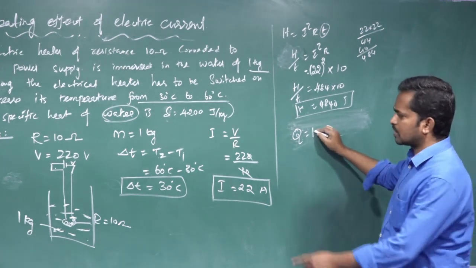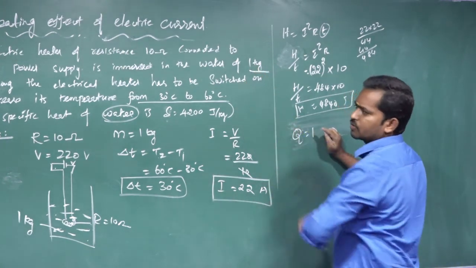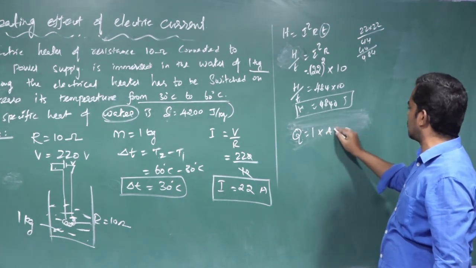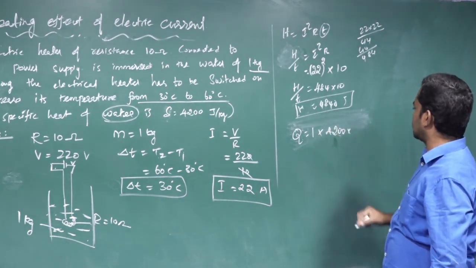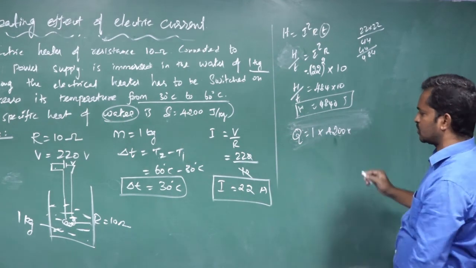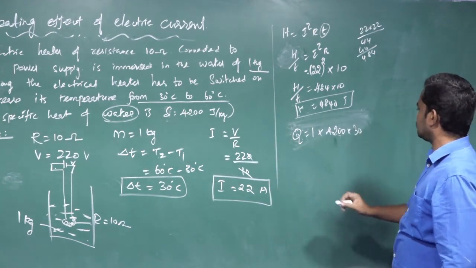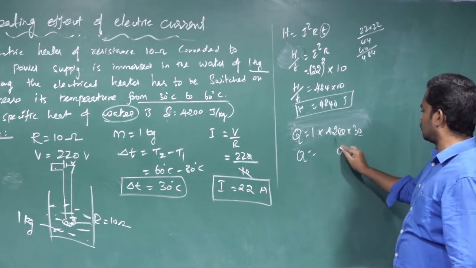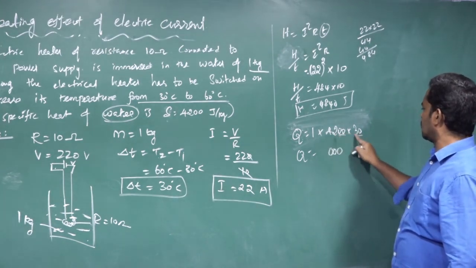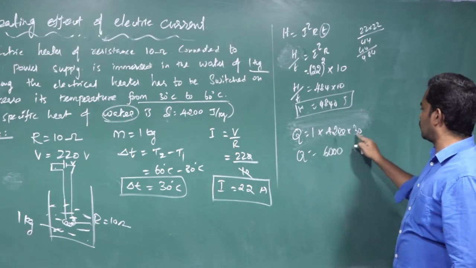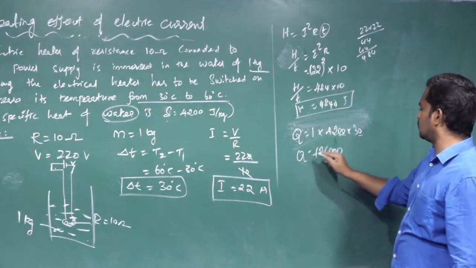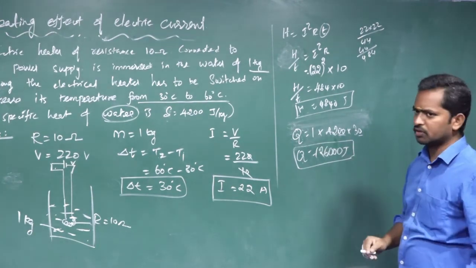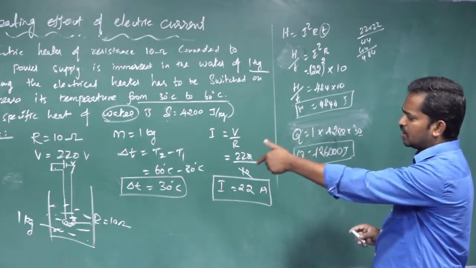The mass of the substance is 1 kilogram. So 1 into S value 4200 into del T, change in temperature, 30. So Q is equal to 126 thousand joule is the total energy produced in the water heater.